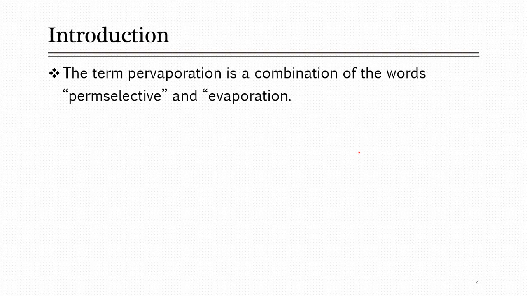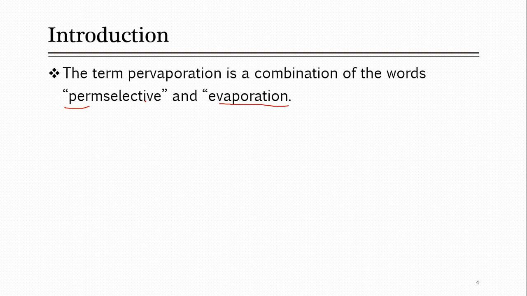Its name, pervaporation, is a combination of two words: permselective and evaporation. If you just take per and then vaporation, pervaporation is the combination of this. What does this mean? Permselective membrane means you know that this is a type of membrane, an asymmetric membrane, that consists of more than one layer.